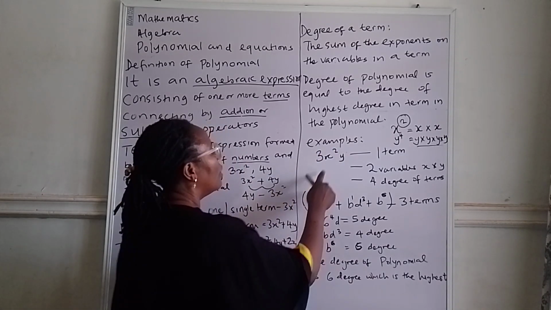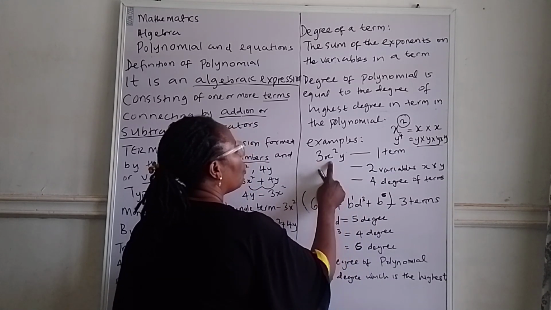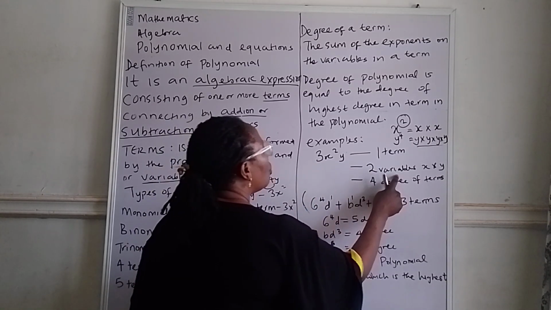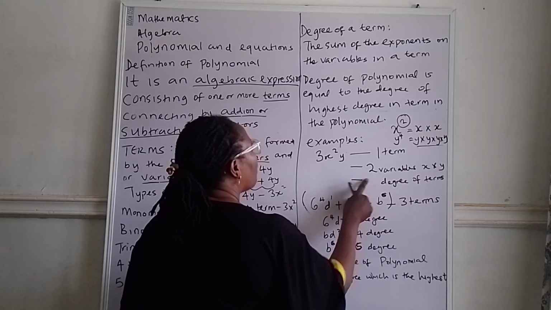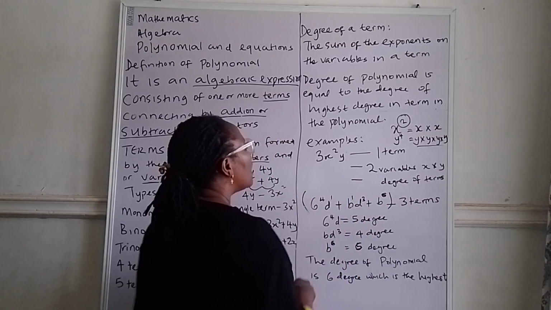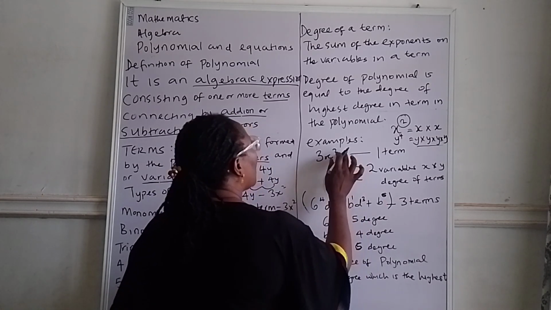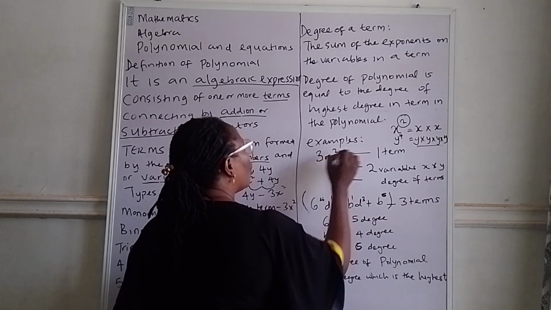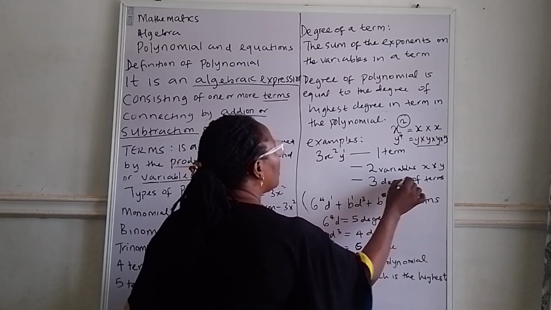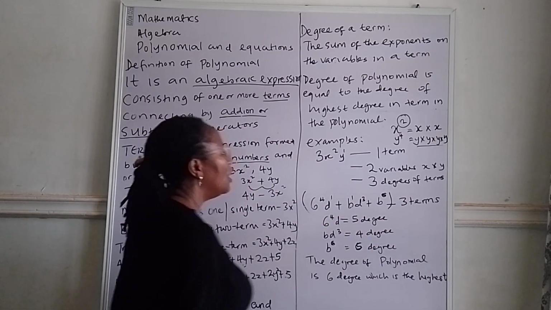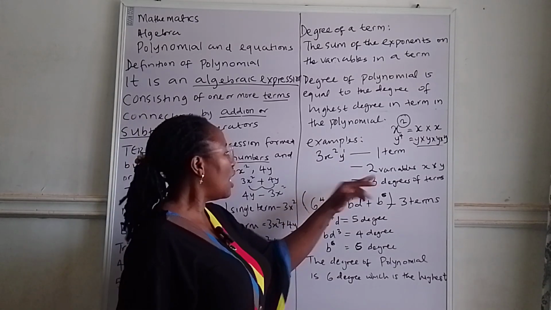In this case, this is one term, and we have two variables, x and y. Once we are not putting an exponent, it shows we only have 1 here. So when you add 2 plus 1, it will give you 3. So we have a degree of 3 for this term.